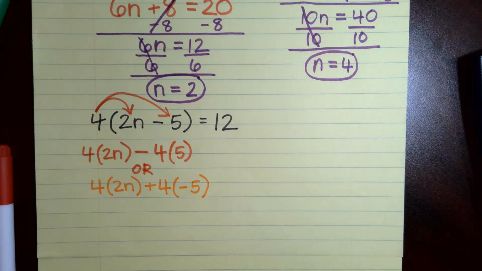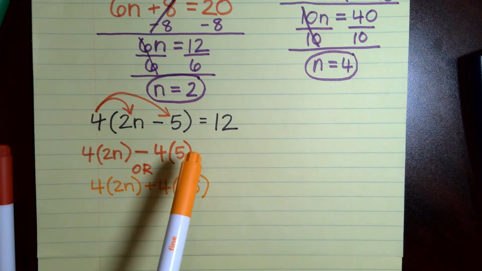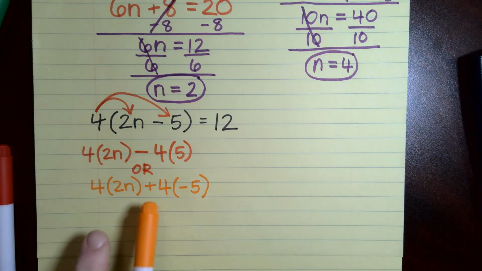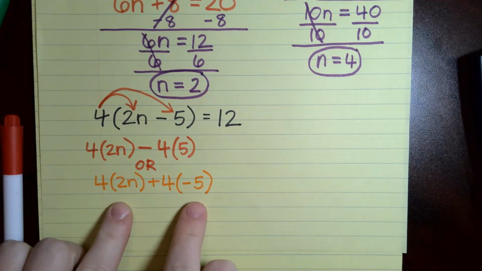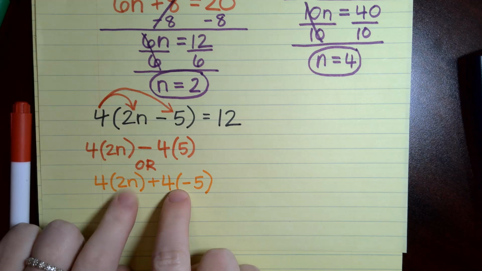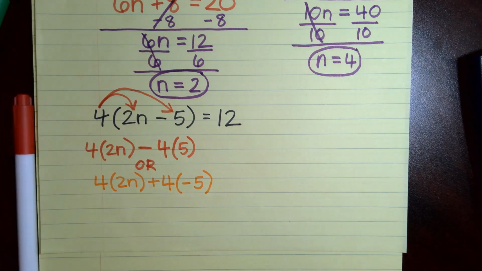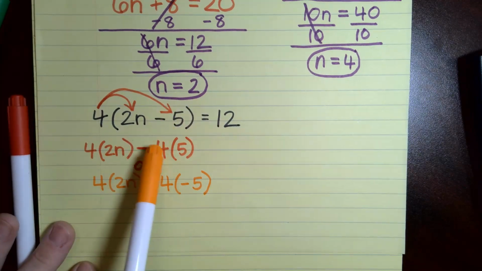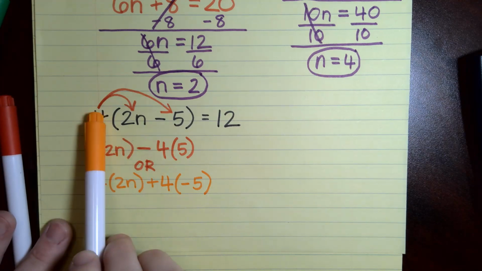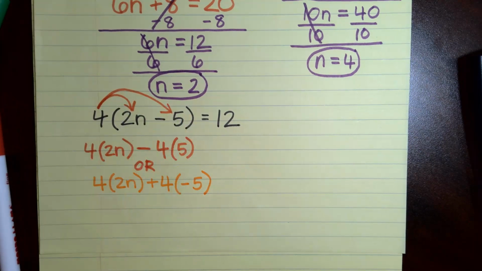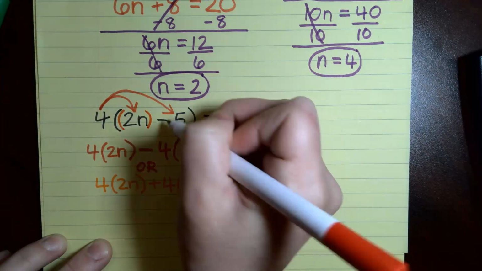So we could either keep the minus sign and just worry about the numbers, or we could know that whenever we get these 2 terms and the 2 products here, those 2 multiplication problems, we're going to add them together. And when you add a negative, it becomes subtraction. Me personally, I think this first way might be a little less confusing. Just remember that that minus sign is still there, and I'm doing 4 times 5. So for the first way, this is how we're kind of grouping our bits.